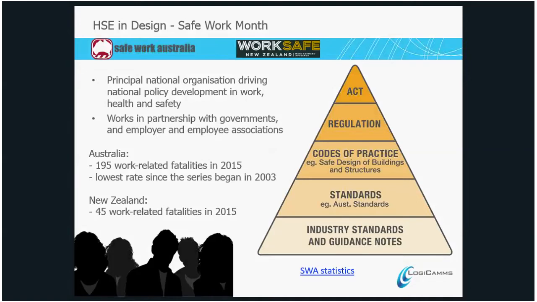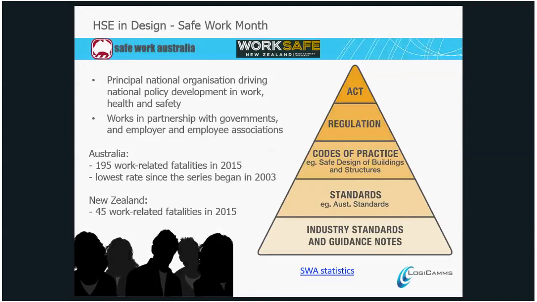If you look at this diagram here, we have the Act and regulation at the top, which exist across New Zealand, and also exist in most of the states except for Western Australia and Victoria. In terms of the harmonisation laws, they have still got their original Act and regulations. But regardless, whichever jurisdiction we're working in, Act and regulations are mandatory. We have to follow those, and people who don't can be prosecuted.